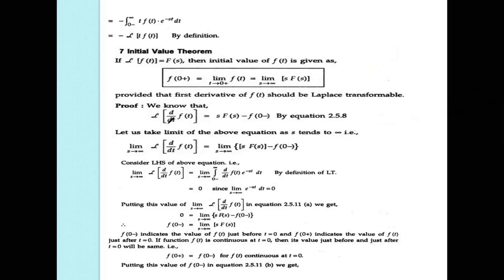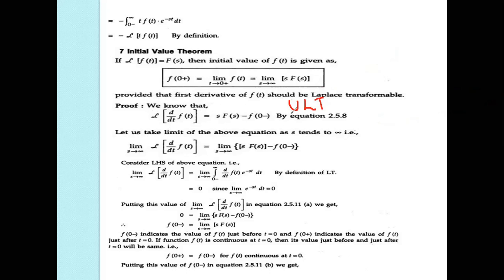We know that the Laplace transformation of d by dt of f of t is equal to s into F of s minus f of 0 minus, by the definition of unilateral Laplace transformation, or one of the properties, the differentiation in the time domain. Differentiation in the time domain, my dear students.